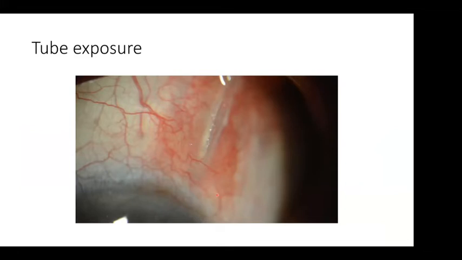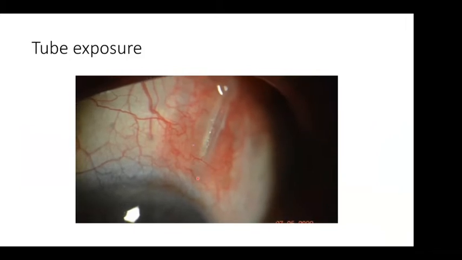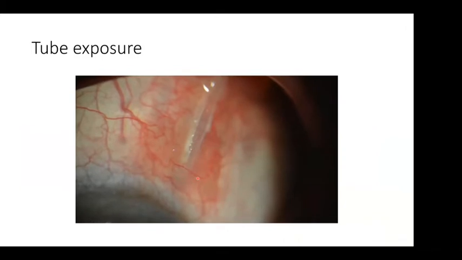I guess most of my colleagues have seen patients with tube exposure. This is not uncommon, especially if the tube is left under the conjunctiva without any protection or covering. This is one of my patients who underwent the operation years ago.